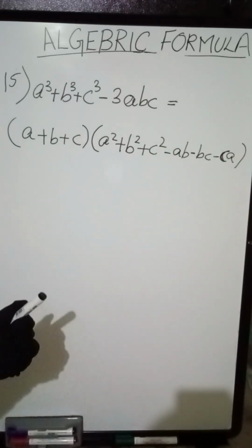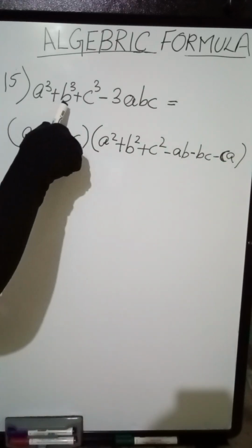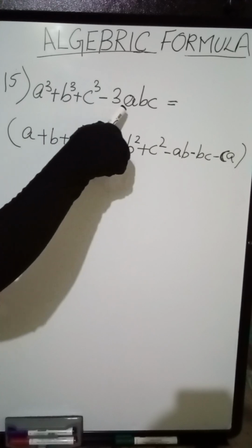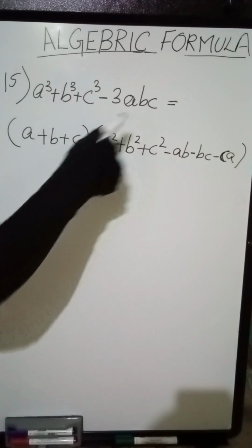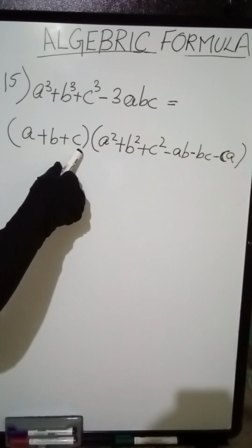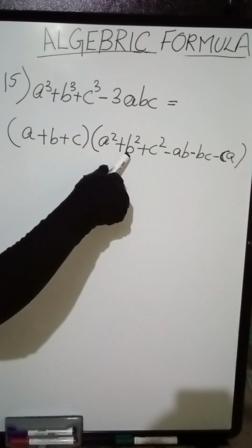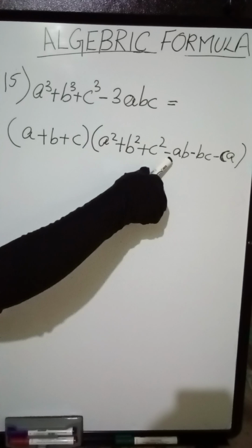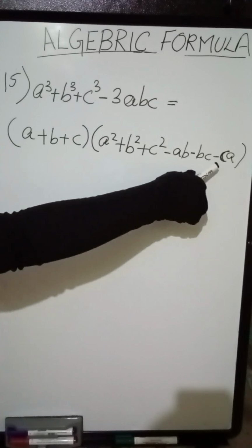So a cube plus b cube plus c cube minus 3abc is equal to a plus b plus c into a square plus b square plus c square minus ab minus bc minus ca.